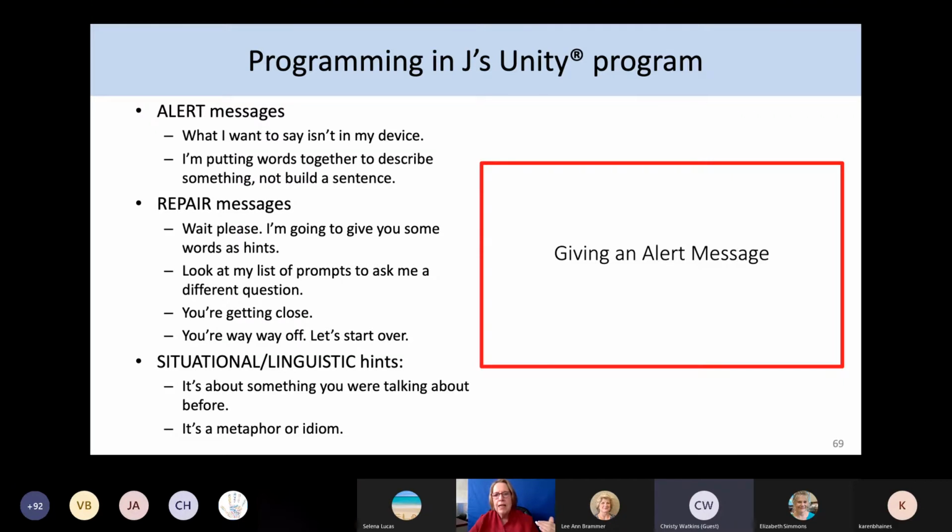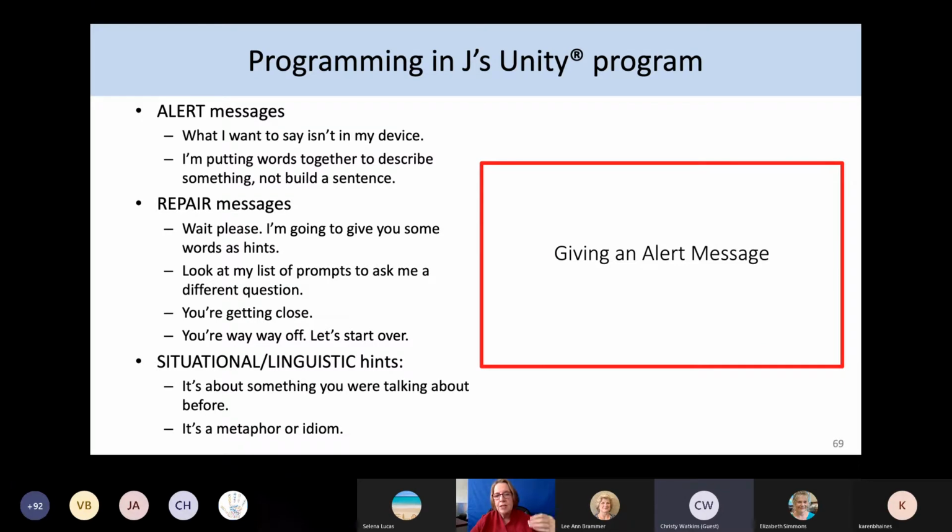So all of these kids, as they start becoming better at this, even Jordan's got this in his device, we start teaching them how to be strategic with the person they're talking to. If it's a stranger, somebody they don't work with very often, or even a classroom teacher or the paraprofessional, you've got to let them know that I'm putting words together to describe something, not build a sentence.